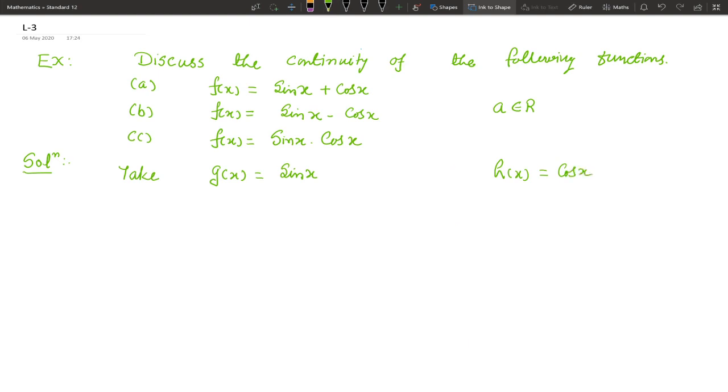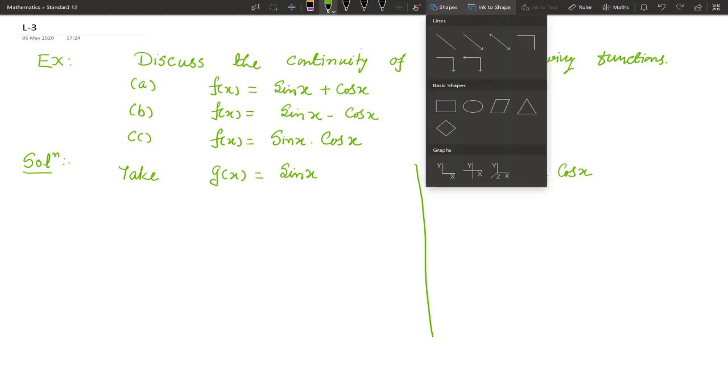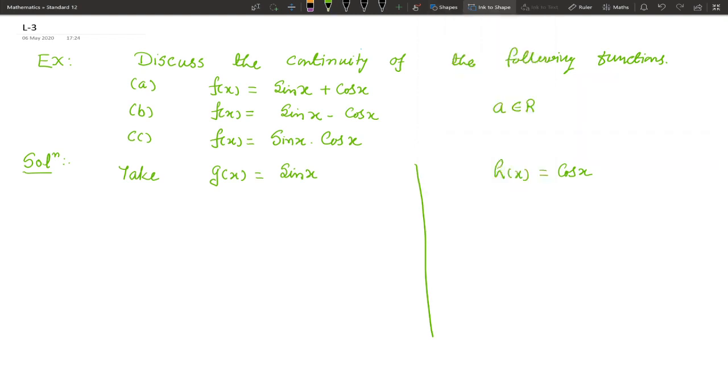We will prove that both g and h are continuous at a belongs to R. So first let us prove g of x equal to sin x is continuous on R. We take x equal to a plus h.